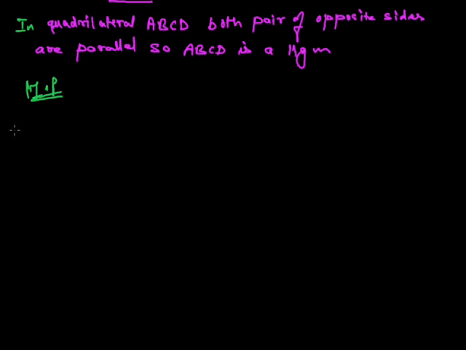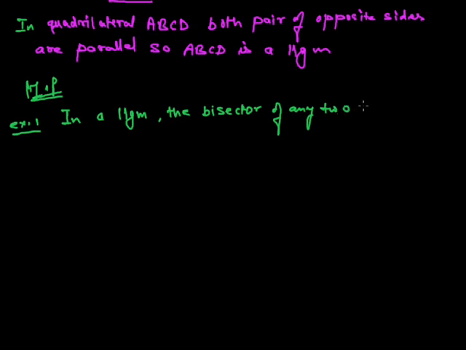Let us take example number 1. In a parallelogram, the bisectors of any two consecutive angles intersect at 90 degrees. What are we given?